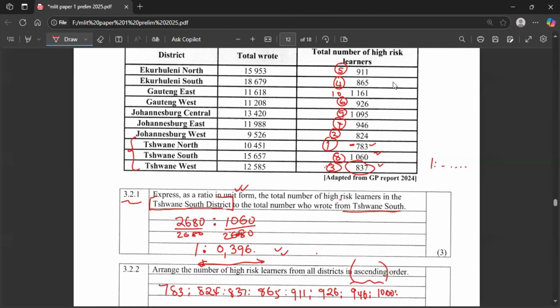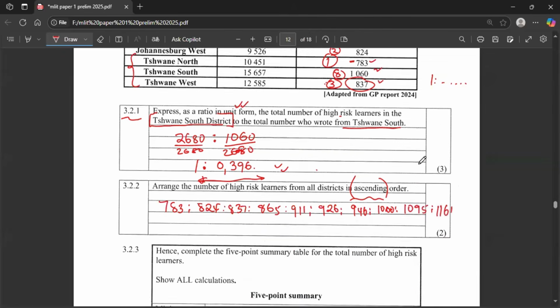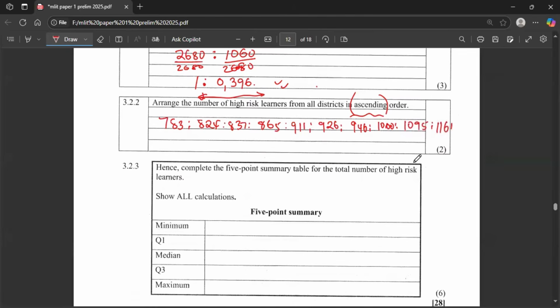Number 9, okay, our number 9 is 1095, and then our number 10 is 1161. Okay, so that is what was needed. Then they are telling us to hence complete the 5-number summary table.